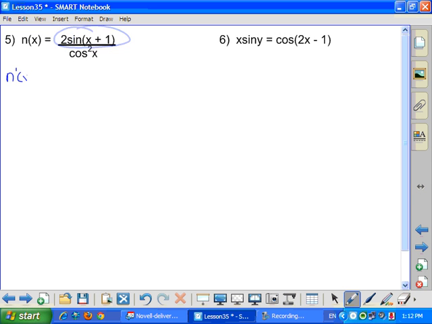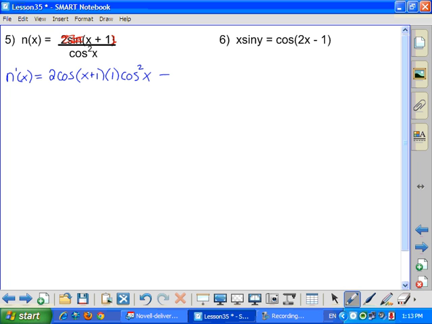So n prime of x would equal the derivative of the top. The derivative of sine is cos, so 2 cos bracket x plus 1. Now I've taken the derivative of the outside function. So what's left? Just the derivative of what's inside. The derivative of x plus 1 is just 1, multiplied by the derivative of the denominator.